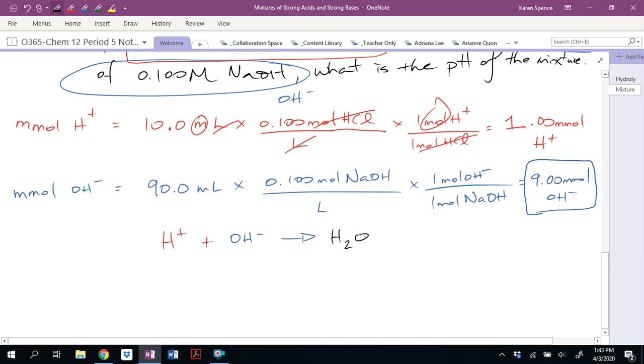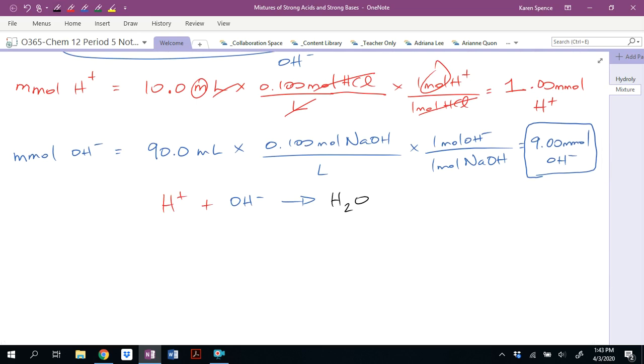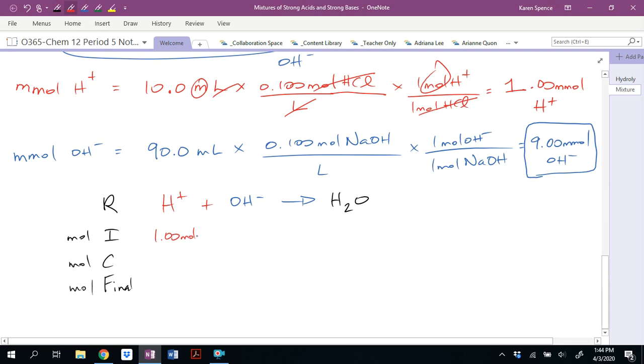Okay, so we are starting with our ICE, and in this case, this is going to be moles: initial, change in moles, and oh, not E, that is going to be an F, because that's going to be our final moles. Okay, so we're starting with 1 millimole of H plus, and we're starting with 9 millimoles of OH minus.